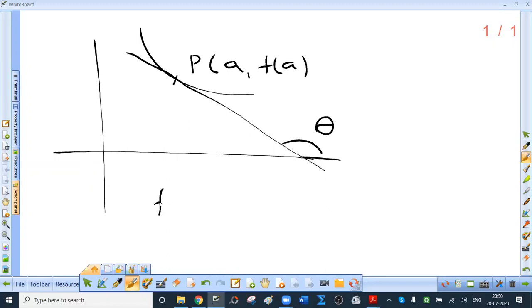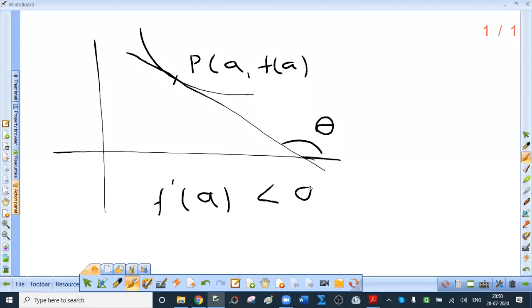What is the slope of this tangent? It is f dash of a. But tangent makes an obtuse angle. So tangent ratio of that angle, which is nothing but slope of the line, is negative. Obtuse means second quadrant. In second quadrant, tangent ratio is negative, and therefore f dash of a is less than 0. I hope you understood this.